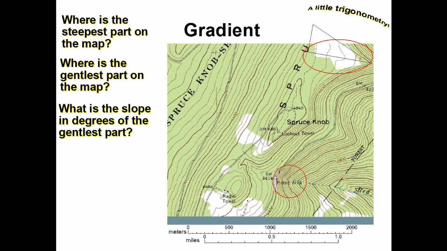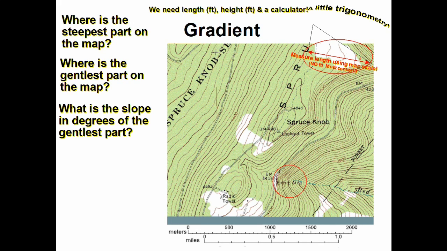That makes the measurement easy. The height, of course, we can get from the contour interval. The distance we can measure from the bar scale. All right, we need length in feet, the height in feet, and a calculator to figure out the degree of slope.